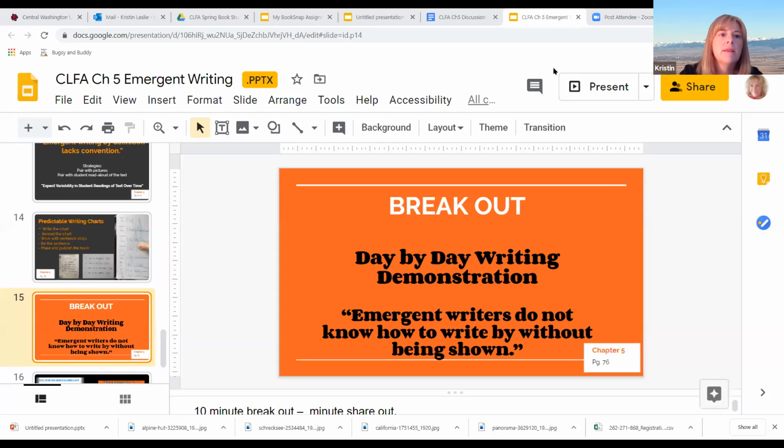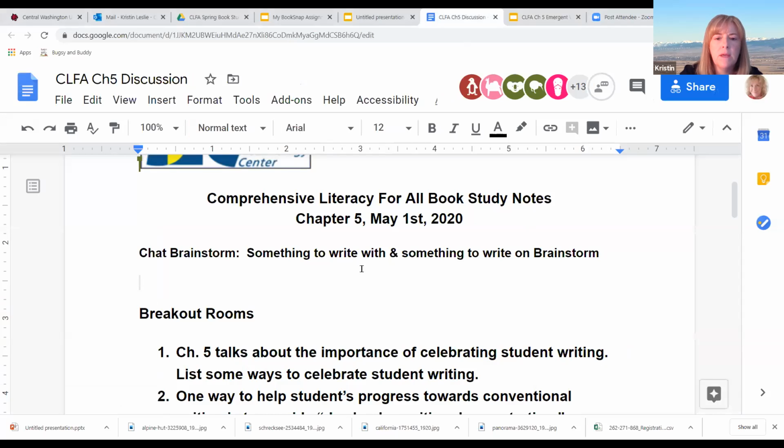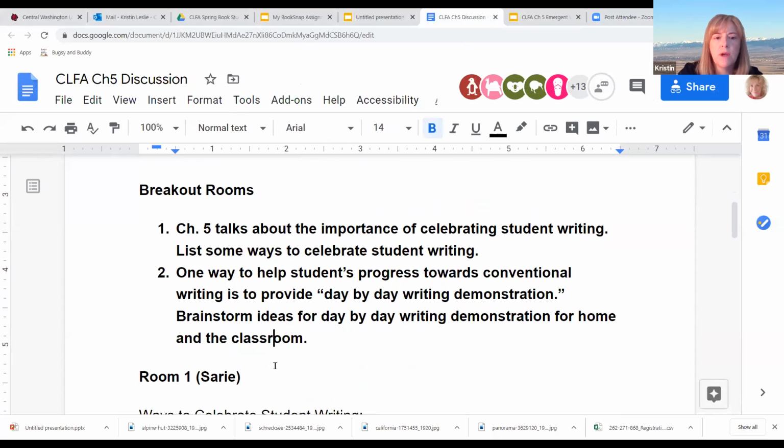So let's see. So the document, hold on one sec. You guys can go to this document and be taking notes as well. Oh gosh, I get things in the way. So if you follow the link, you'll get to here. We did the brainstorm in the chat. And so in the breakout rooms, we're talking about listing some ways to celebrate student writing, and then helping kids progress towards conventional writing by day demonstrations.